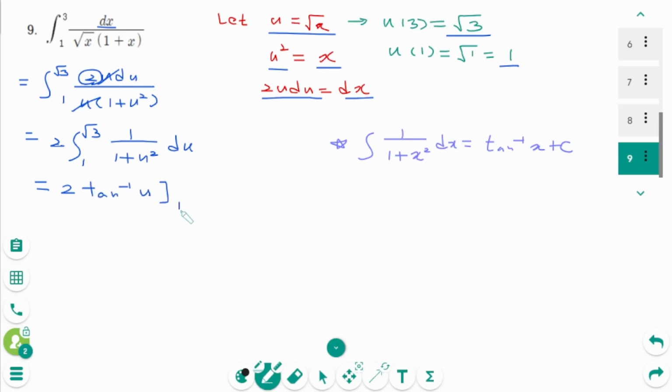The lower limit is 1. The upper limit is square root of 3. We do not return to the variable x after integrating. We just evaluate the expression in u using the changed limits of integration.